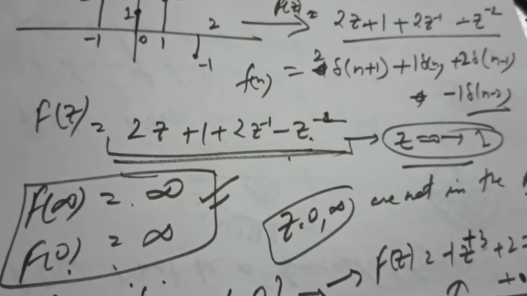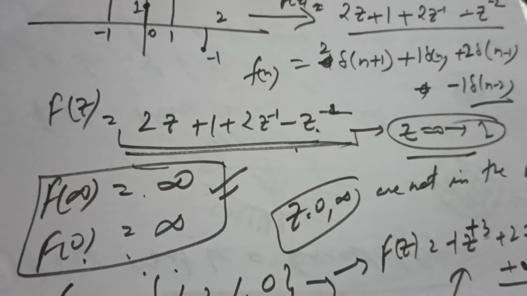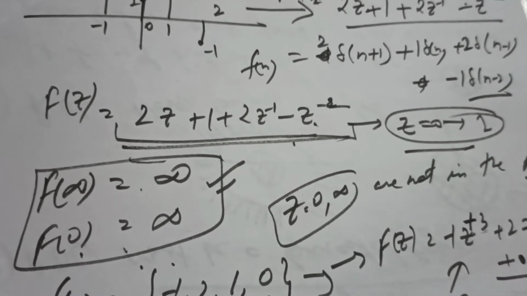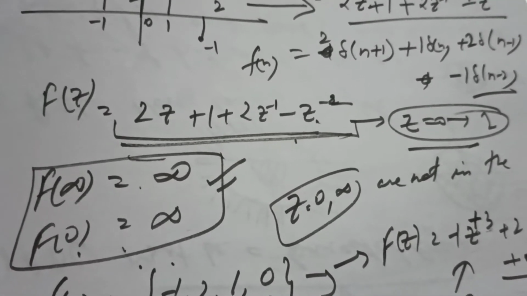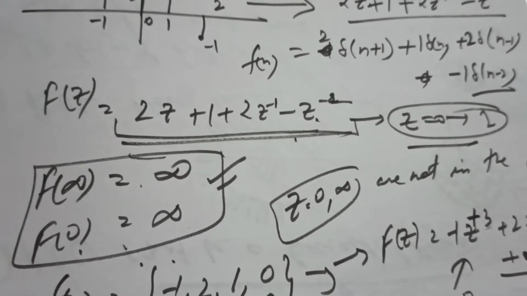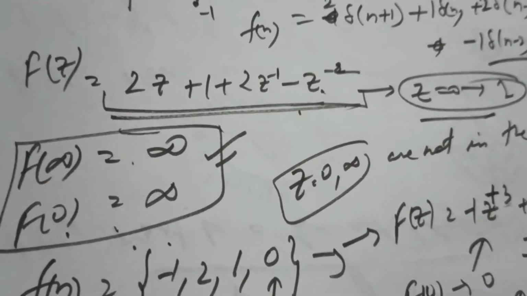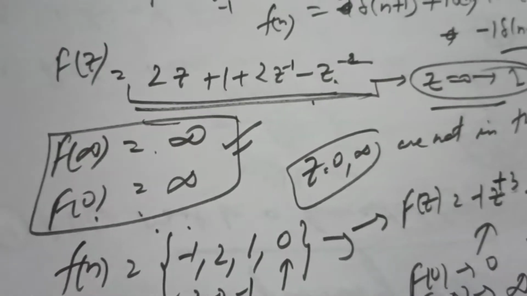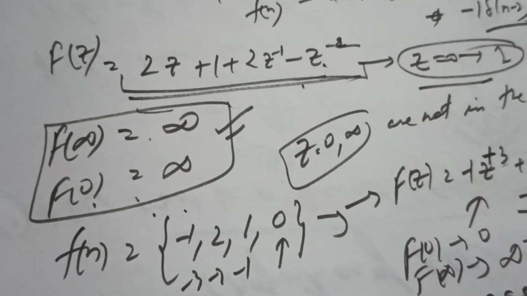Now, for the verification of the last statement, just have a look at this part. The F of z for this function will be 2z plus 1 plus 2z inverse minus z to the power minus 2. Have a look at this. When z is going to be 0, if we put z equals 0 in this statement, just have a look at this, because only from this part the necessary conclusions can be drawn.